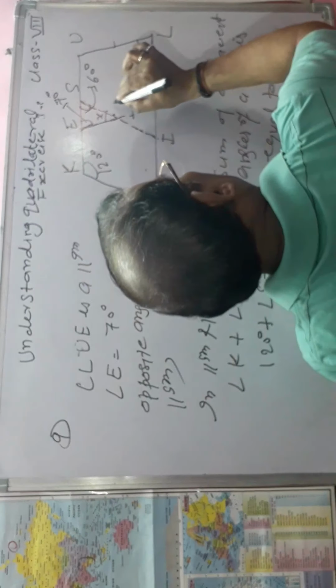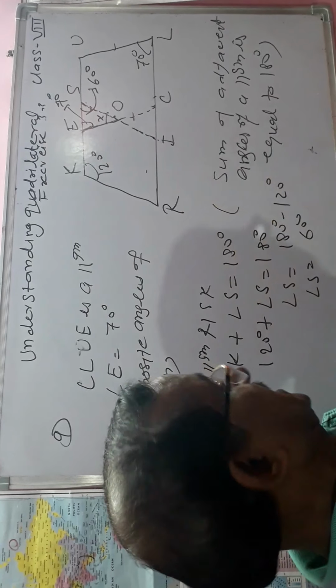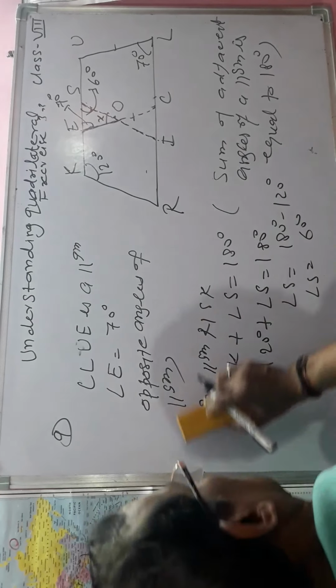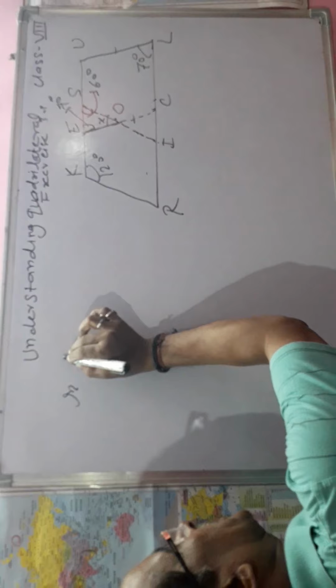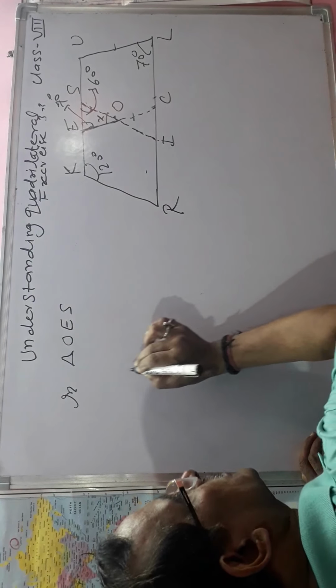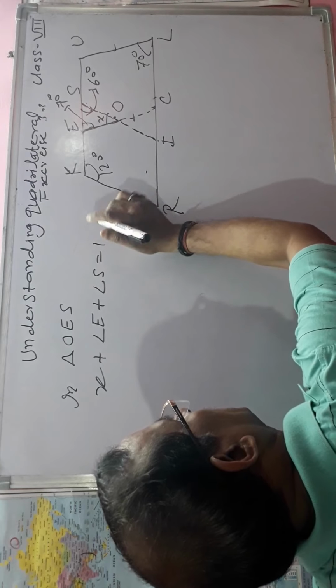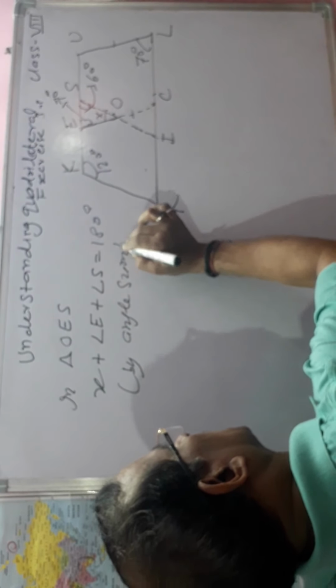Now we take point O here in triangle OES. We know two angles, then the third angle we can find out. Now in triangle OES, angle X plus angle E plus angle S is equal to 180 degree by angle sum property.